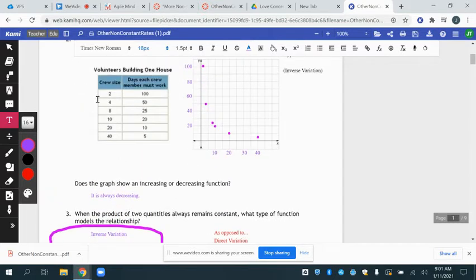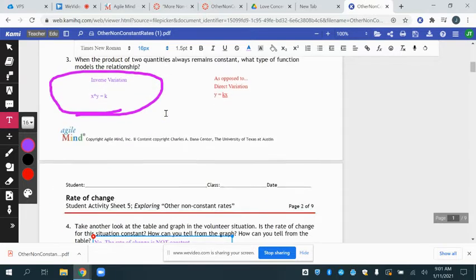So if I find out the slope, a change of 2 in the crew size should change the number of days by 50. And so then I continue to try to expect that. It changes every time.